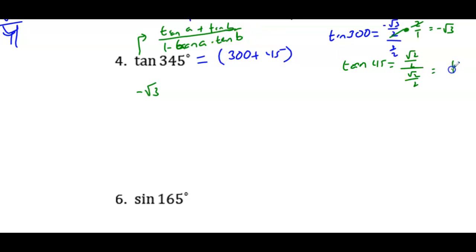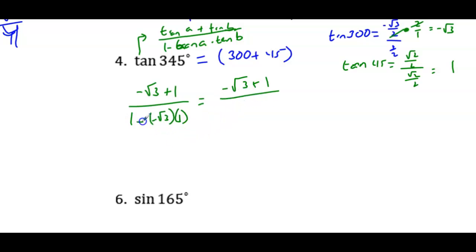Tan of B is 1. And then at the bottom we have 1 minus tan A, which is negative radical 3. And then we have tan of B, which is 1. So at the top, that doesn't simplify.